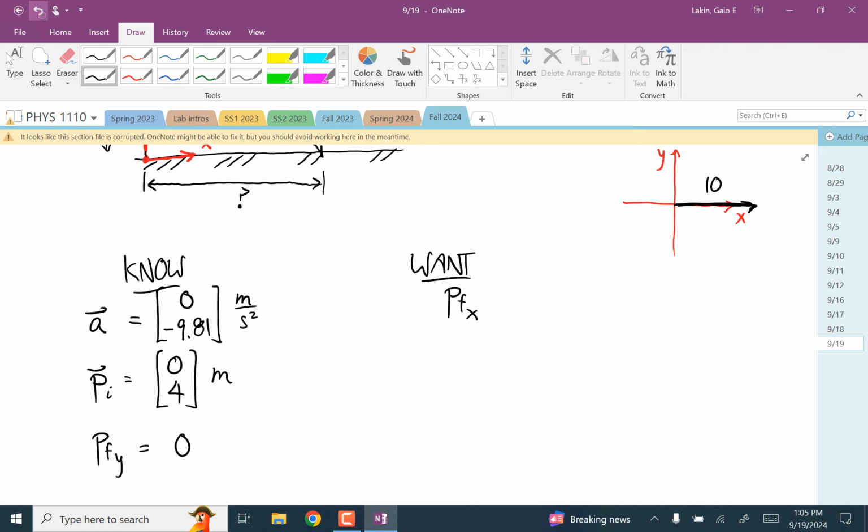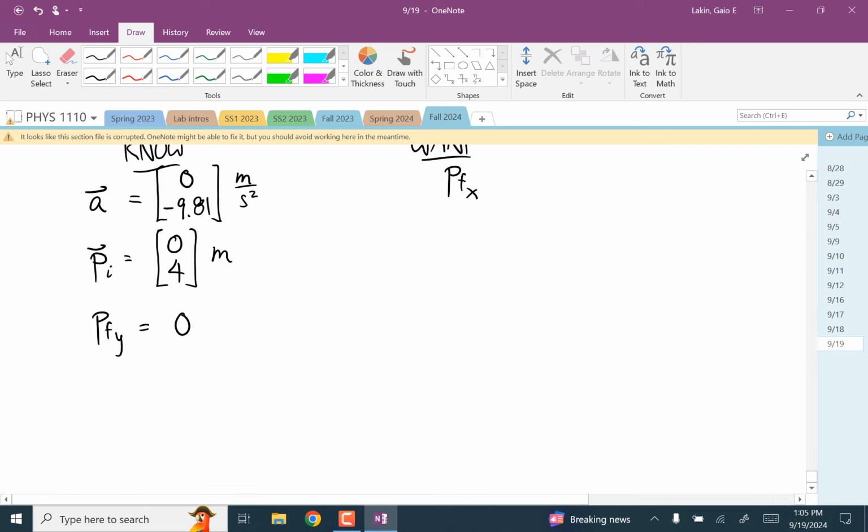Y is 0. That's right, y is 0. And x should be 10 meters per second. That's right. So V I is 10, 0.